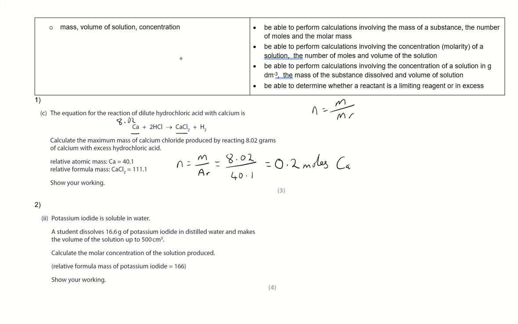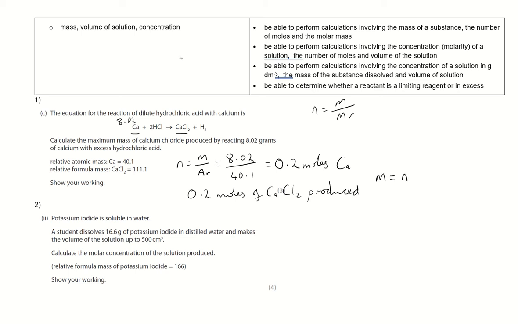And then what it's wanting us to do is to look at how much of this we can produce. Now, ratio, 1-to-1 ratio. So for every one of these, I will produce one of them. So 0.2 moles of calcium chloride produced. And calculate the maximum mass. So I need to rearrange this equation because I need mass to be the subject.